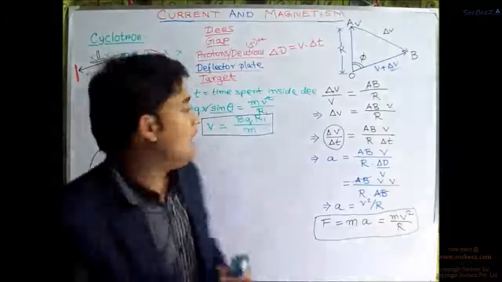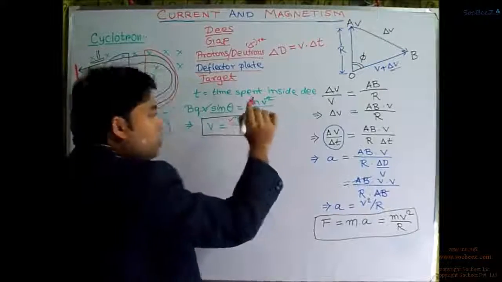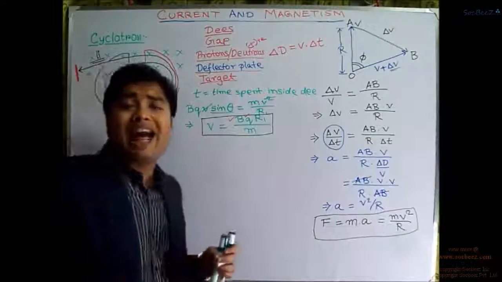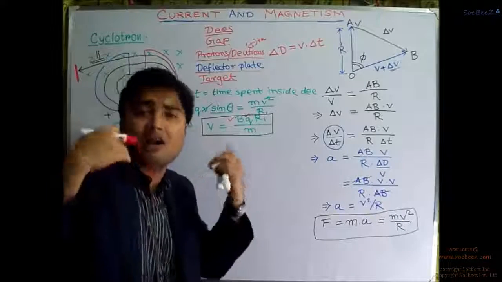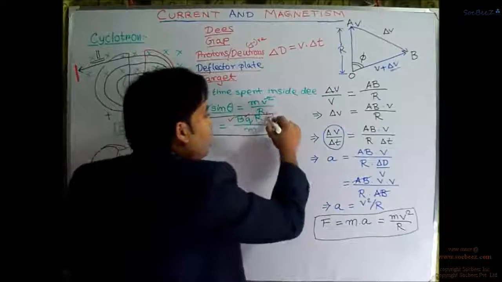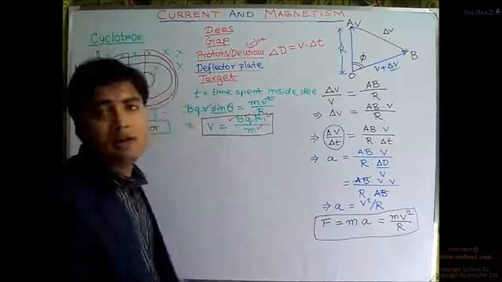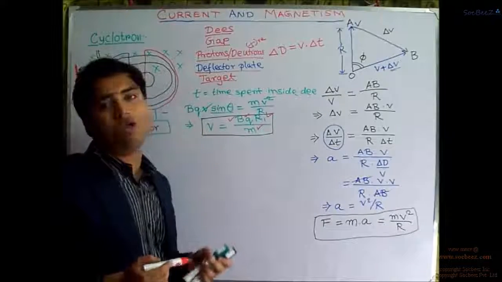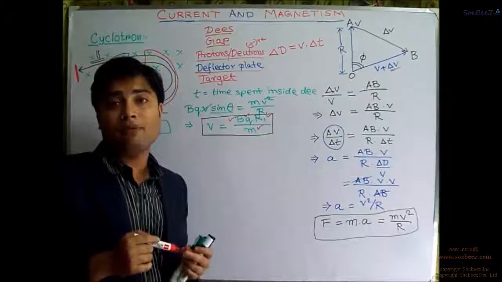So we can see that B is not going to change, Q is not going to change, and as per consideration, if you ask me to keep R the same, then R will not change, mass will not change, which means that the velocity will not change. It will remain the same.